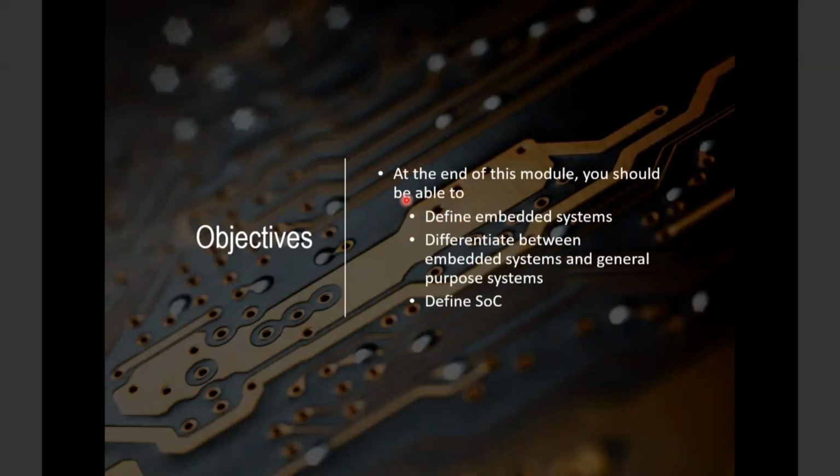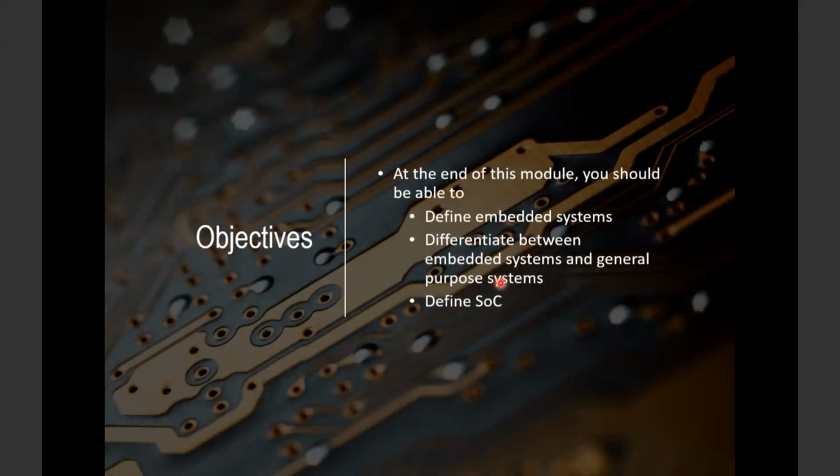The objective of this course, at the end of this module, is that you should be able to define what is an embedded system. Next, you are able to differentiate between the embedded system and general purpose system.